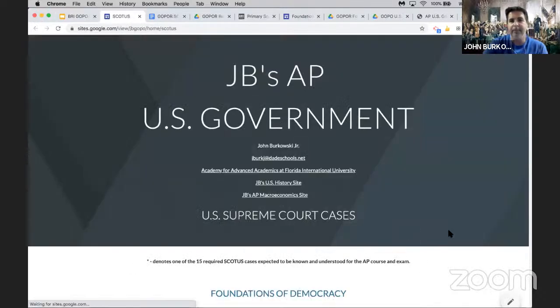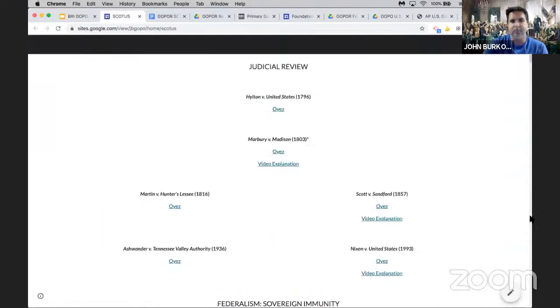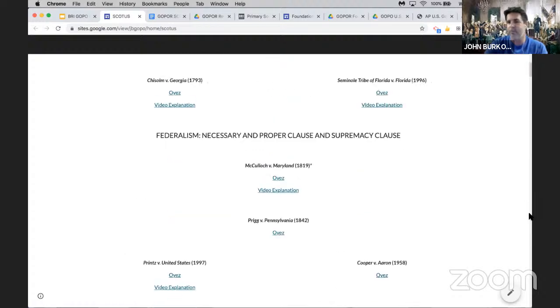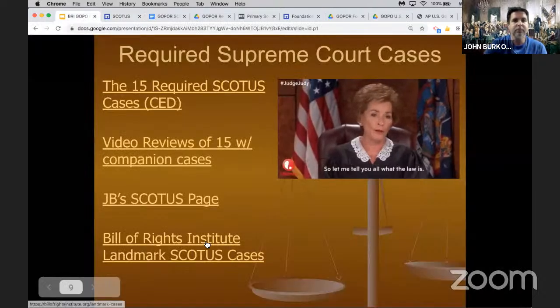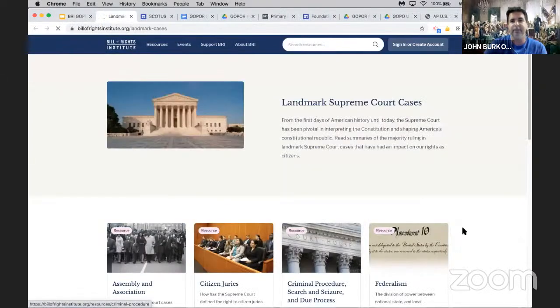You can also go to my page on the Supreme Court, where I've again highlighted, bolded or asterisked the required cases, but you also have companion cases that you can associate, and they also include a video explanation. So this is a good part of review and will help you with those FRQs. And not to mention that the Bill of Rights Institute, again, has provided Supreme Court case breakdowns and overviews for those major and required cases.